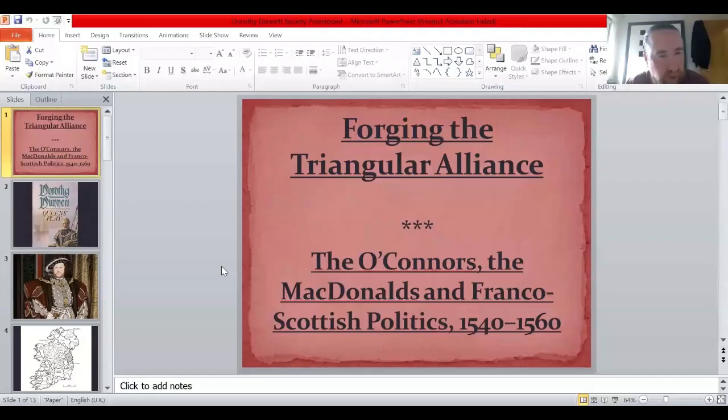So this paper is basically going to explore that a little bit and look at some of the characters that Dunnett has in Queen's Play and how they actually overlap with some real life historical characters. Some of them are inventions, some of them are very much based on historical characters.